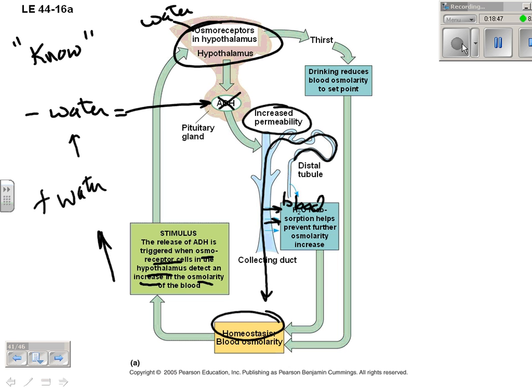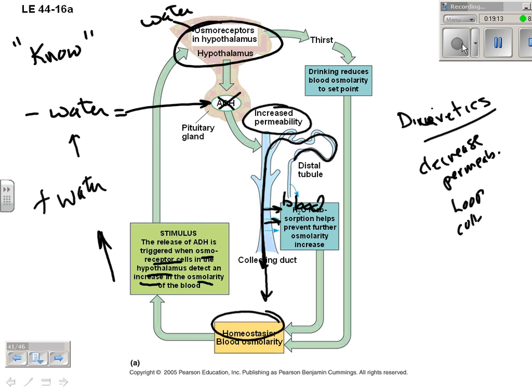Okay, maybe you've heard that alcohol and coffee are diuretics. Diuretics are things that keep water in your urine. They decrease the permeability of the loop and the collecting duct.